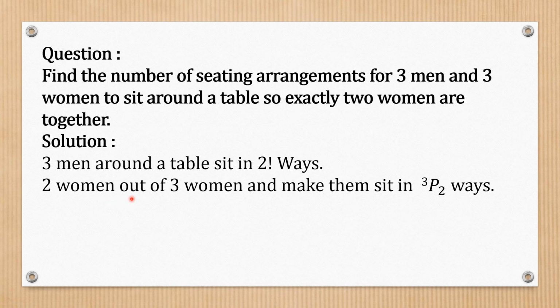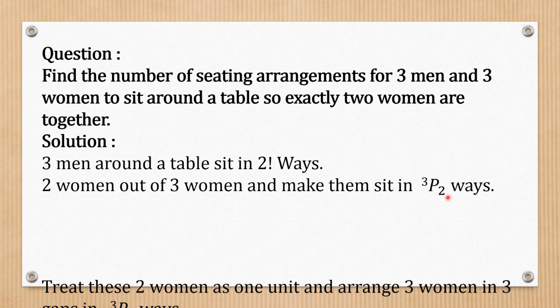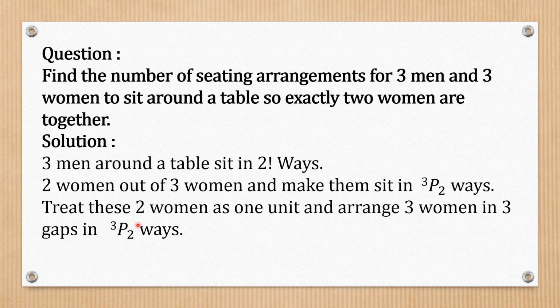Select 2 women out of 3 women and make them sit in 3P2 ways. Treat these 2 women as 1 unit and arrange 3 women in 3 gaps in 3P2 ways.